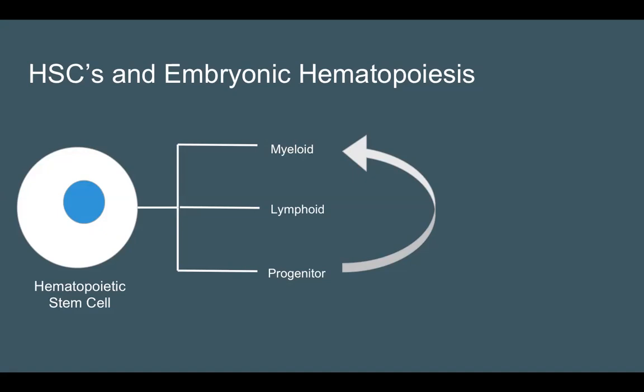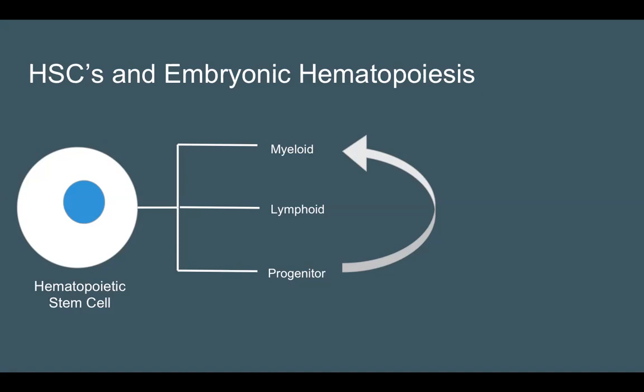Your lymphoid cells are going to be cells of your adaptive immunity, or your B cells and your T cells. And the hematopoietic stem cells that contribute to your lymphoid cells have a different point of origin than your myeloid and progenitor cells. We'll talk about that in a minute, though.